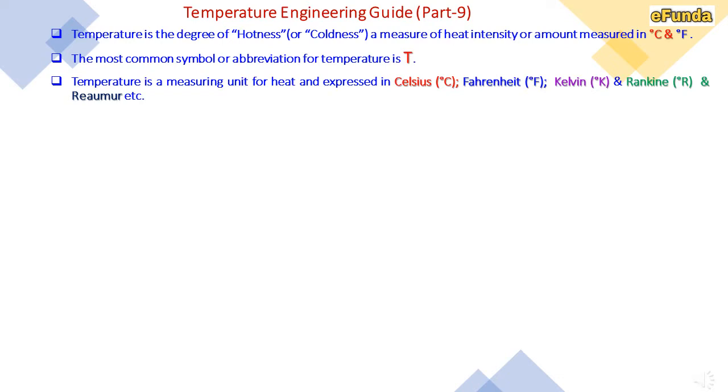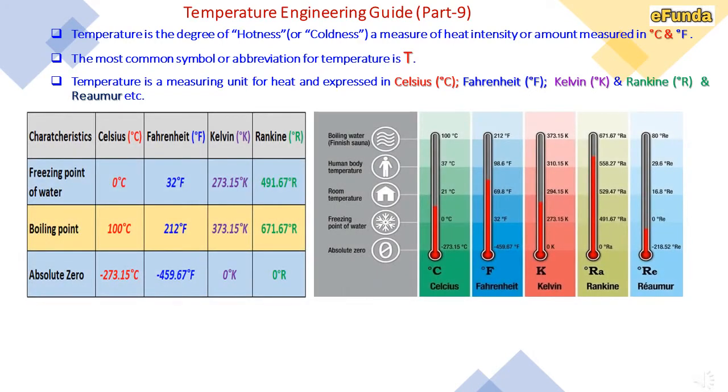One can see in the table below where we have defined all the scales available for measurement, and in another figure we have seen the thermometer and their respective conversions in respective units. Here we will see through the table.